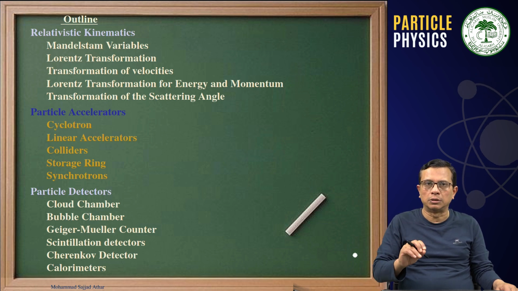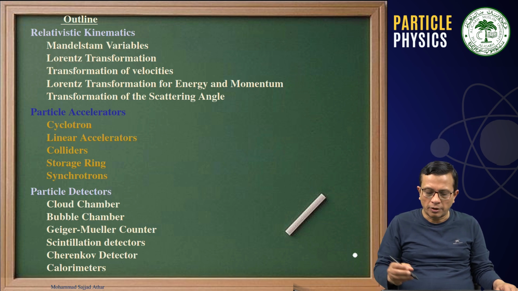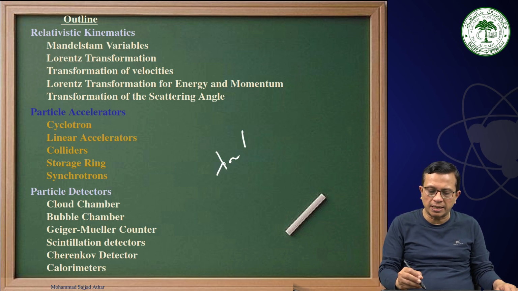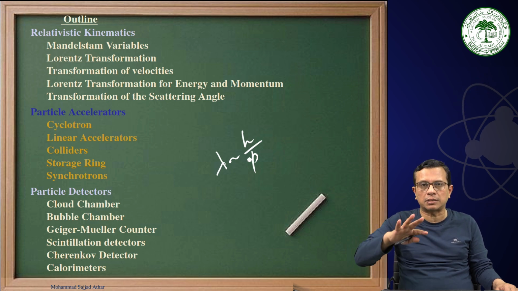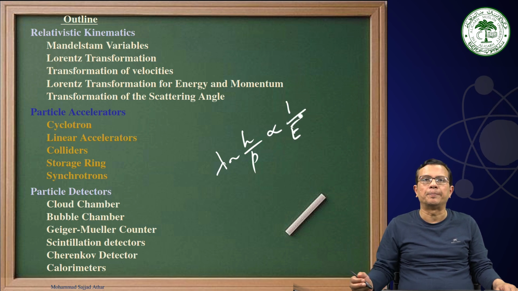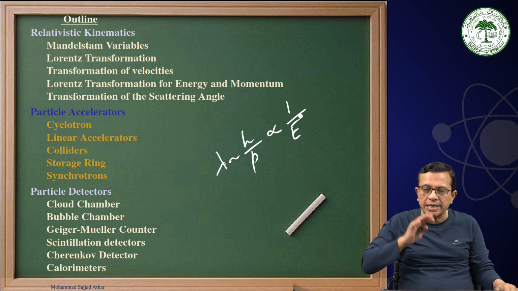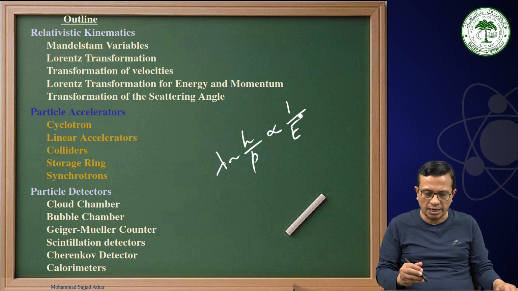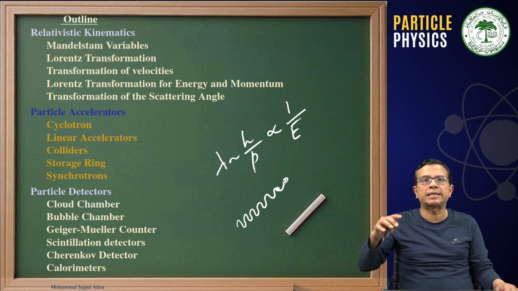Now, we want to accelerate the particles, and if you recall from my basic lecture, I told you from the de Broglie hypothesis that lambda is of the order of h upon p, and that means this is proportional to 1 over E. If I increase the energy of the projectile, then the wavelength will be smaller, and then we can go inside of an object.